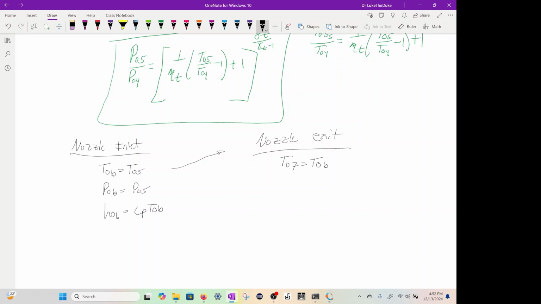Okay, and again, these are isentropic. There's no losses in these. P naught 7 equals P naught 6. H naught 7 equals H naught 6. Now, you can include, if you want, you can say P naught 7 equals Rn times P naught 6 if you want to include those non-ideal cases.